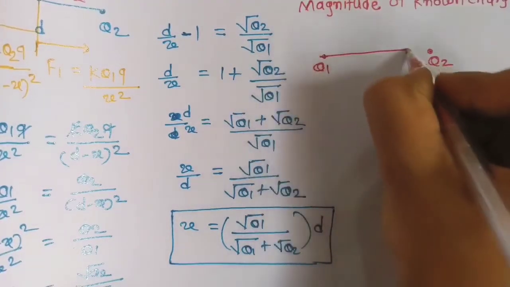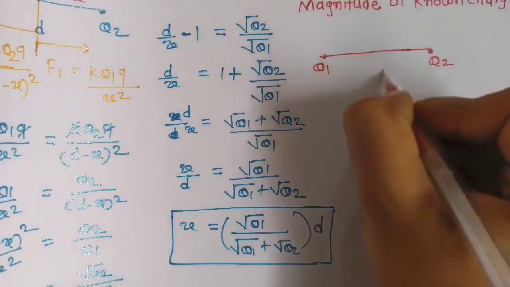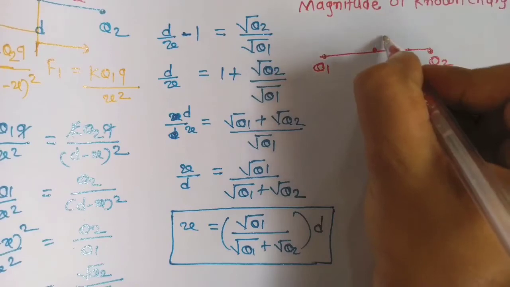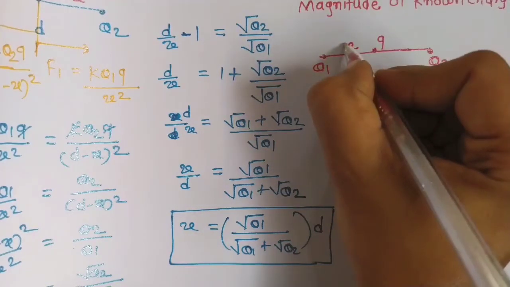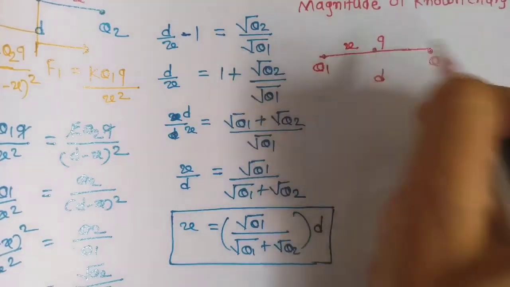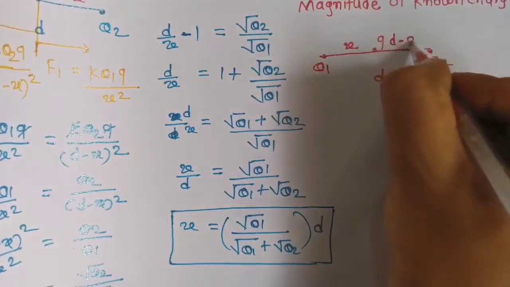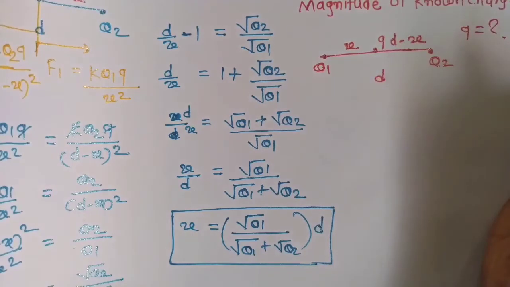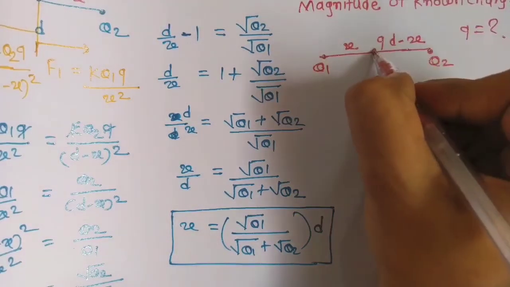The distance between them is D, and here we have another charge Q. Its distance from charge Q1 is x, and we have to find the magnitude of this charge Q.